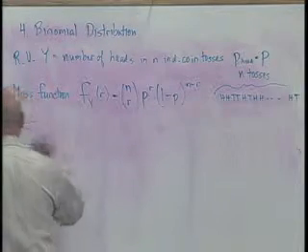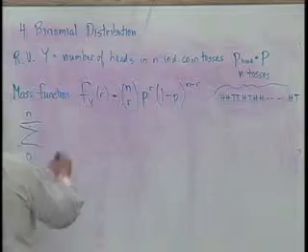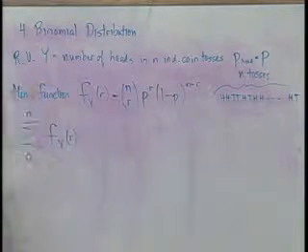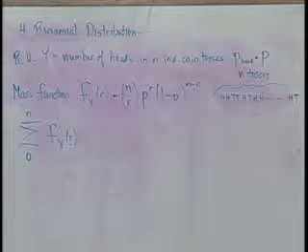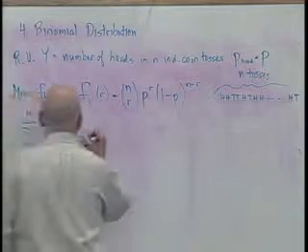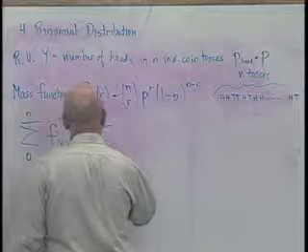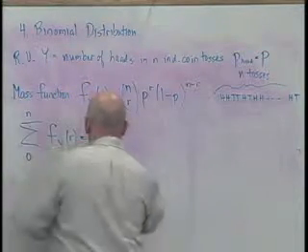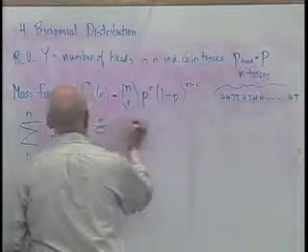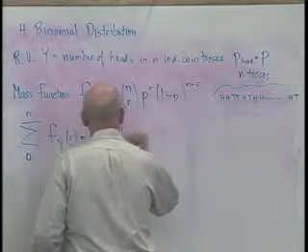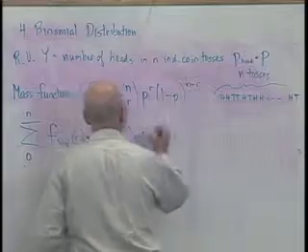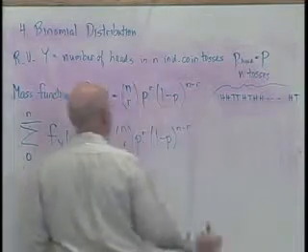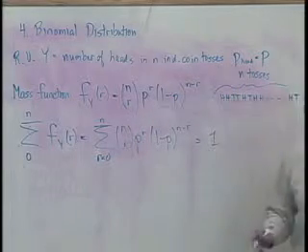And it follows that the sum from r equals 0 to n of n choose r, p to the r, 1 minus p to the n minus r, has to equal 1.